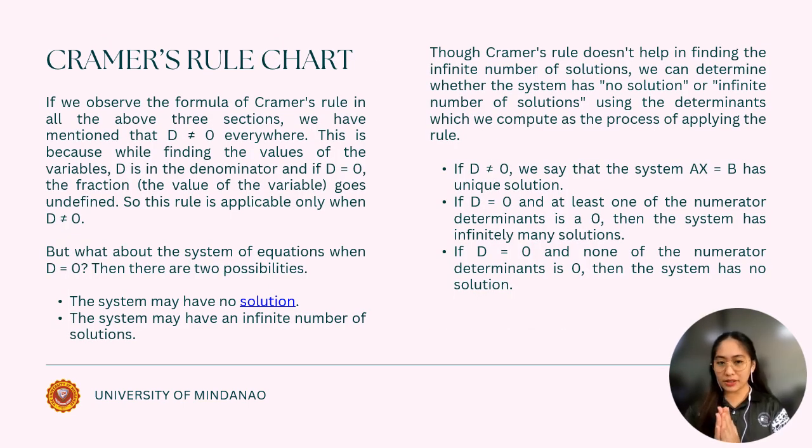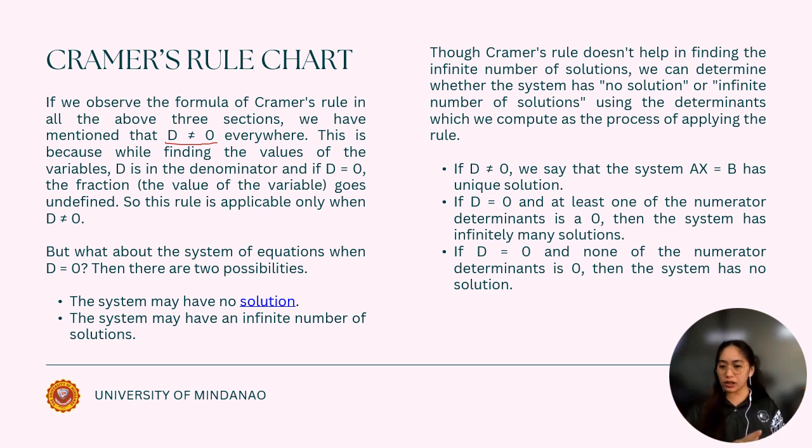So after we have solved the different parts, the 2 by 2 matrix and the 3 by 3 matrix, if we observe the formula of Cramer's rule as we discussed earlier, the definition, the formula, as well as the different examples, we have mentioned that D is not equal to 0. Why is that?